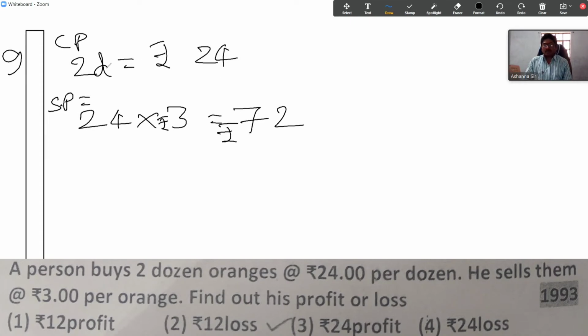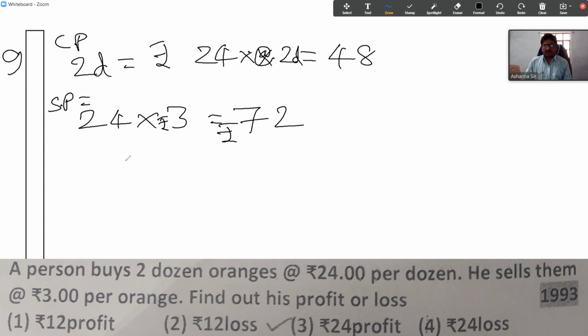So here at the rate of a dozen 24 rupees, 2 dozens, 24 into 2, 24 twos are 48. Here it asks to find out profit or loss.